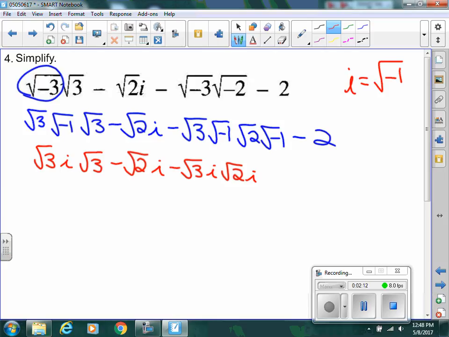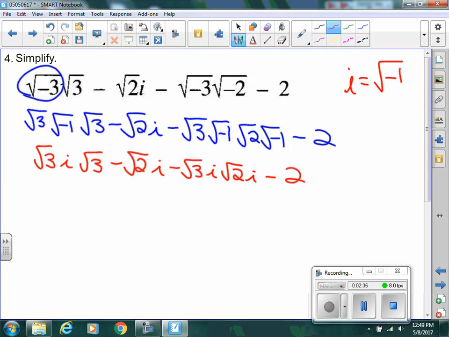It's off there by the side. Minus 2. So I replaced all my negative 1s with i. That's all I did. I want to write it as an i instead of a negative 1. Because most of it is real, the square root of 3, but I have this part that's not real. It's imaginary. Okay. All right, so let's combine these now the best that we can.